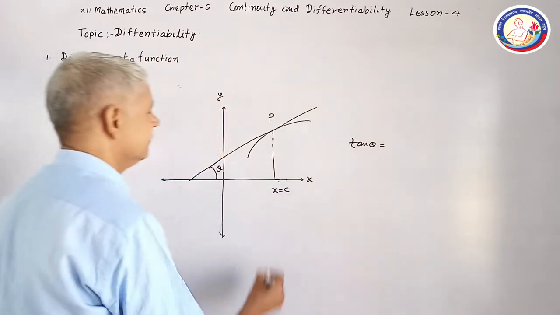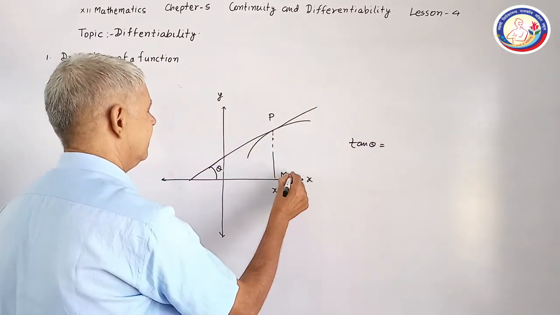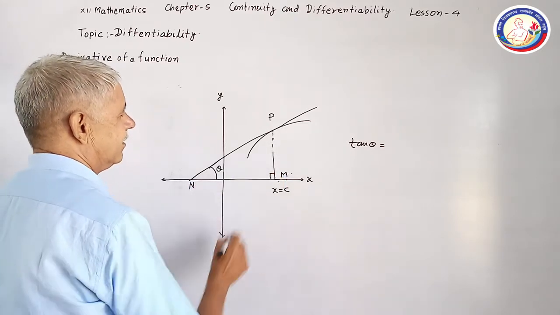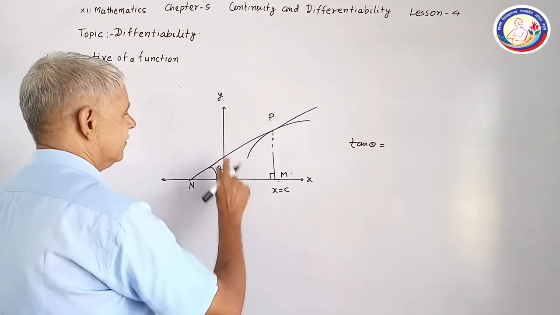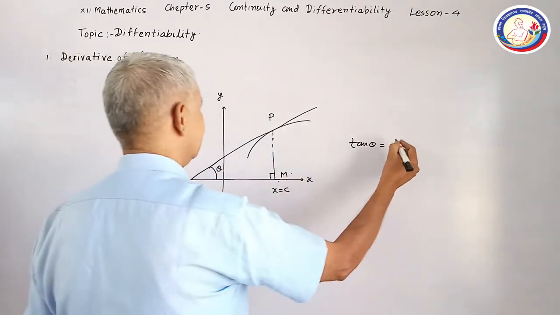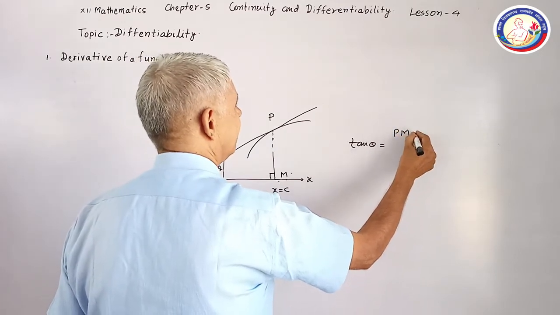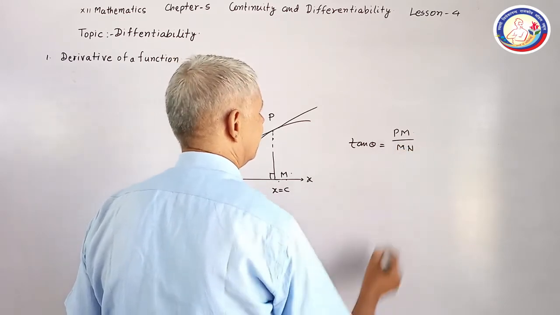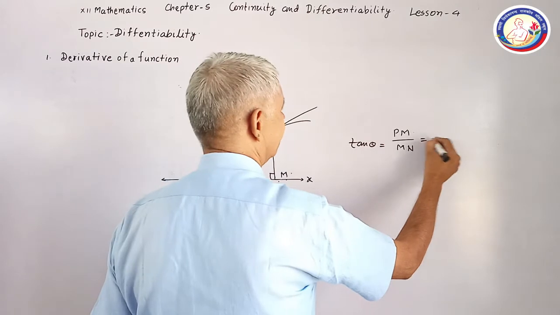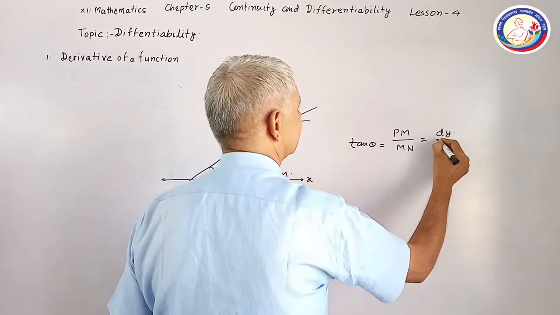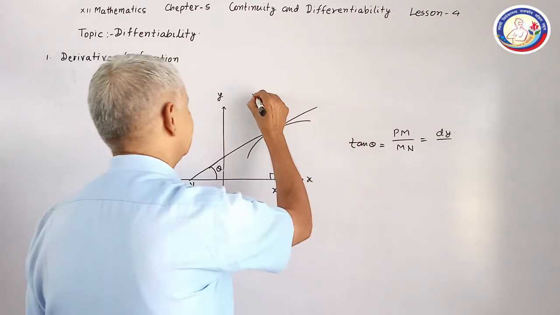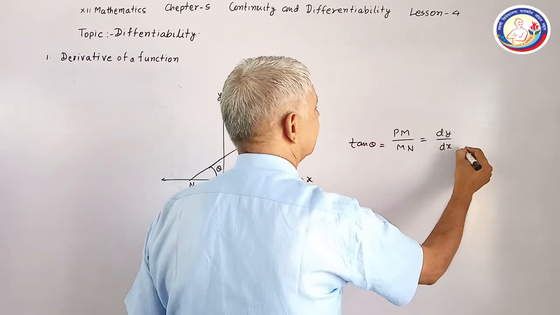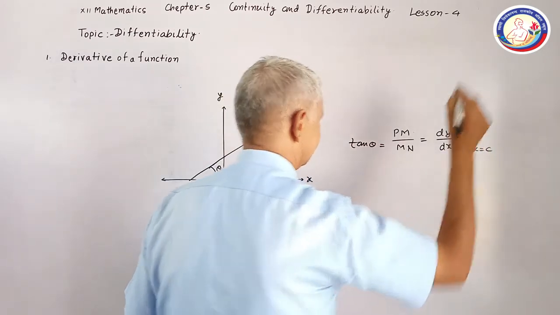And say this is M and this is N. This is a right angle triangle PMN. The slope here is theta. Then tan theta will be equal to PM upon MN. And this will be the value of dy by dx if the function is given by y equal to f(x) at x equal to c.